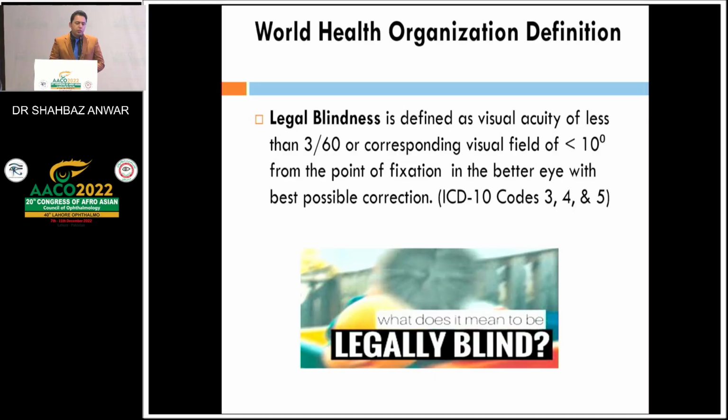According to the World Health Organization, the definition of legal blindness is visual acuity of less than 3/60 or a corresponding visual field of less than 10 degrees from the point of fixation in the better eye with best possible correction.